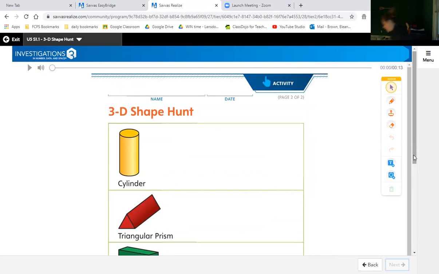Cylinder. I found a candle. Lots of things that I used when I was celebrating Christmas. Triangular prism. You know, I found an old purse because it has the shape of a triangular prism.